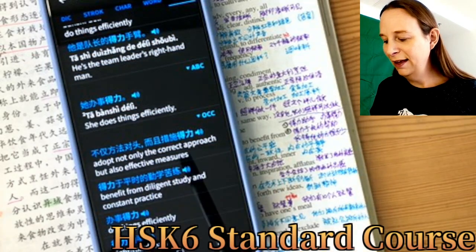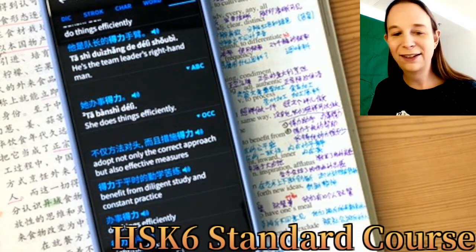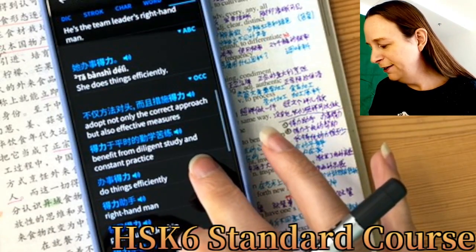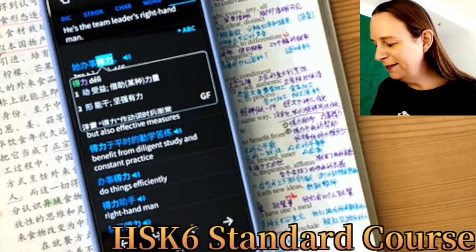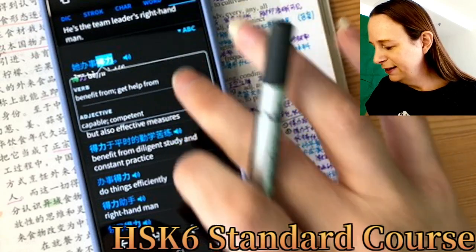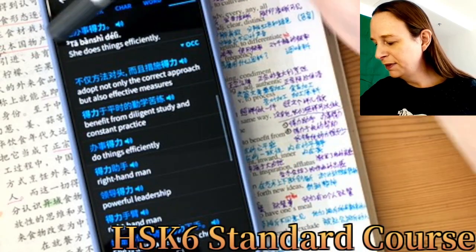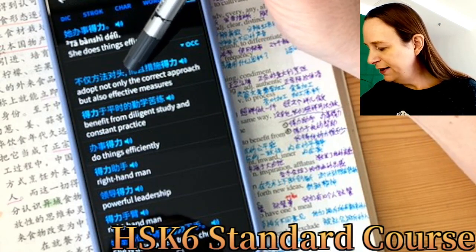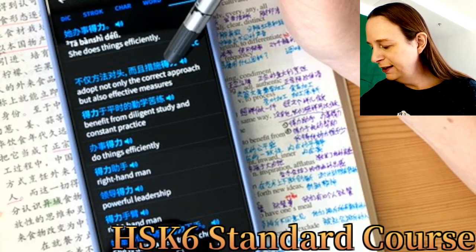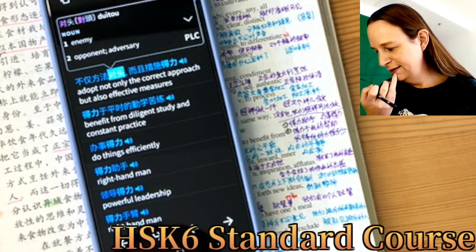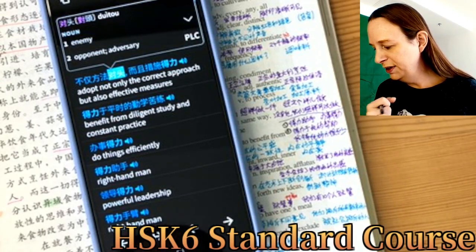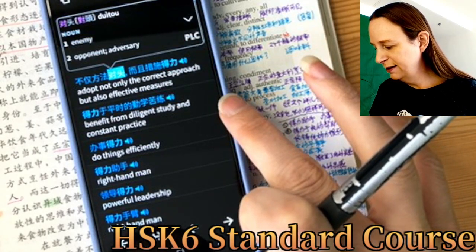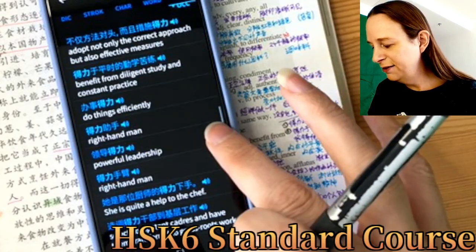She doing things is competent. Yeah. Efficiently? I don't know. I think it's more like competent. Competent. 不仅方法对头，而且措施得力。What is 对头？不仅方法。I don't know.